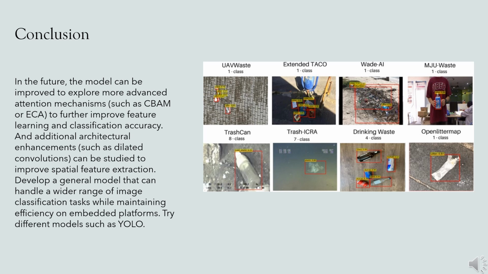Another additional enhancement could be to improve the several features in the instructions, and deploy a general model that can handle a wider range of image classification tasks while maintaining efficiency on embedded platforms.